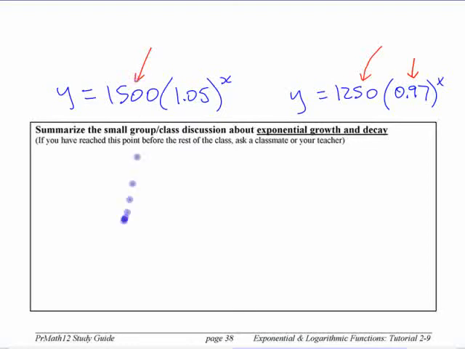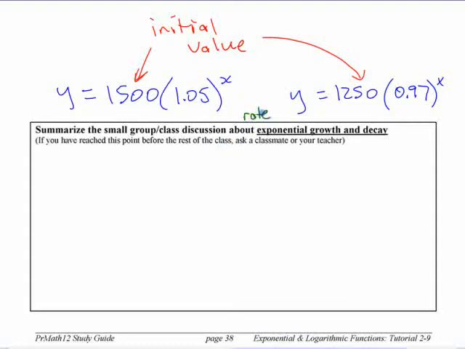The first number here is the initial amount, right? Whatever you start with, whether it's people or dollars or whatever, this is the initial value. And the other thing here is the rate of growth or decay.